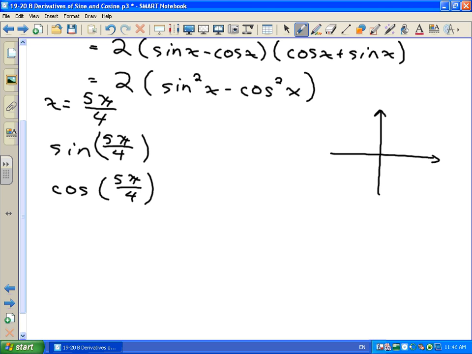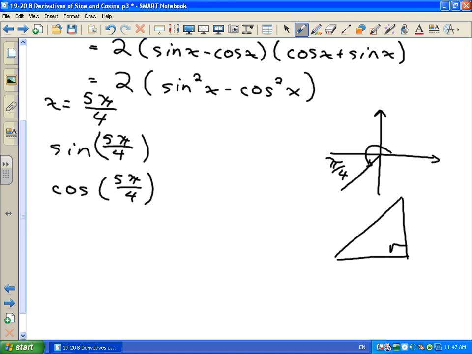It's got to be in the third quadrant, because 4 pi over 4 would be just pi, which would be 180. So it's got to be down in this quadrant here. And our related angle, or our reference angle, in there is pi over 4. So if we want to do this exactly, we've got to use our special triangle for pi over 4, which is our 1, 1, root 2 triangle.